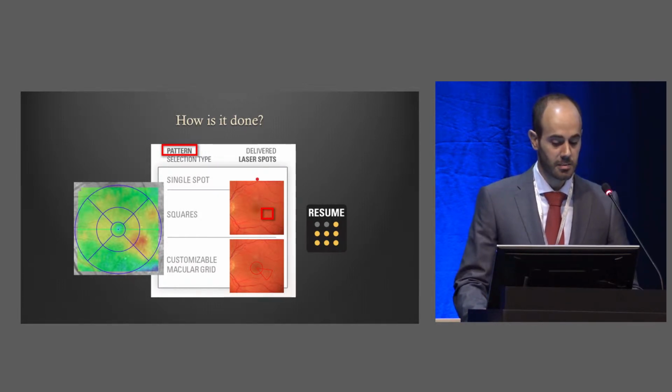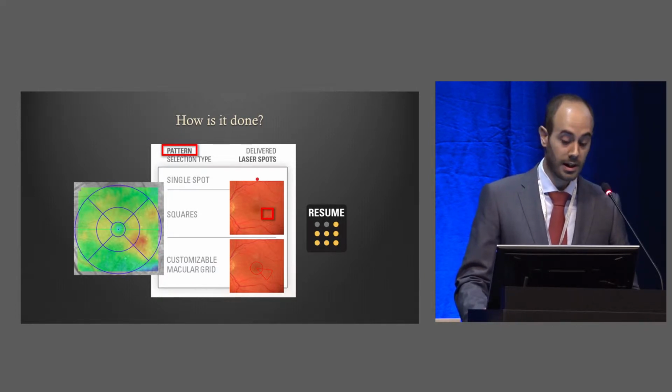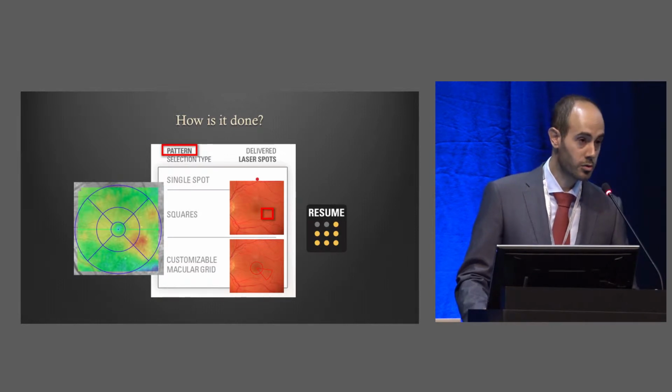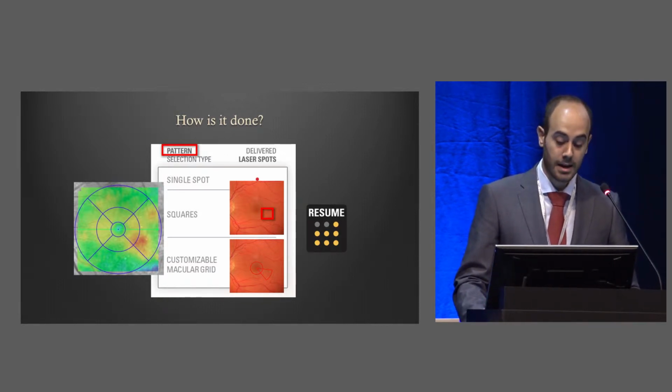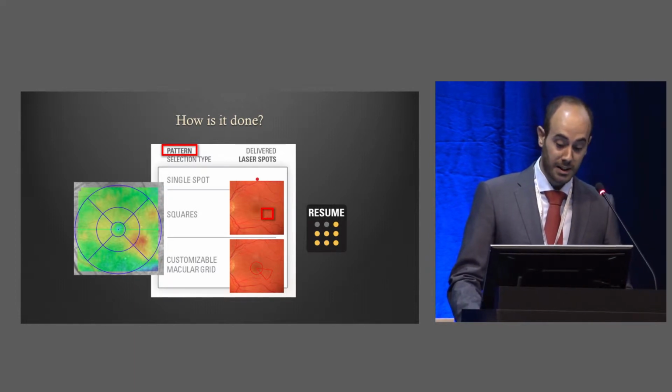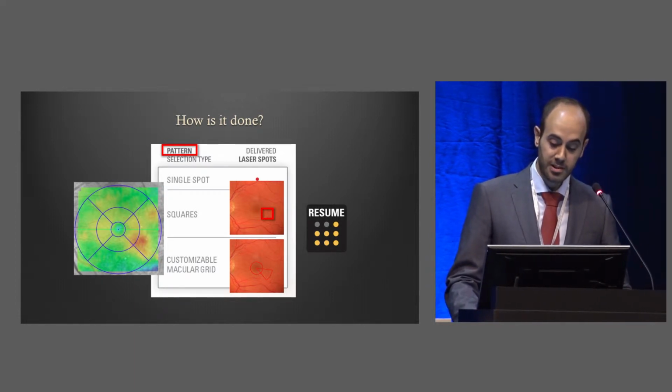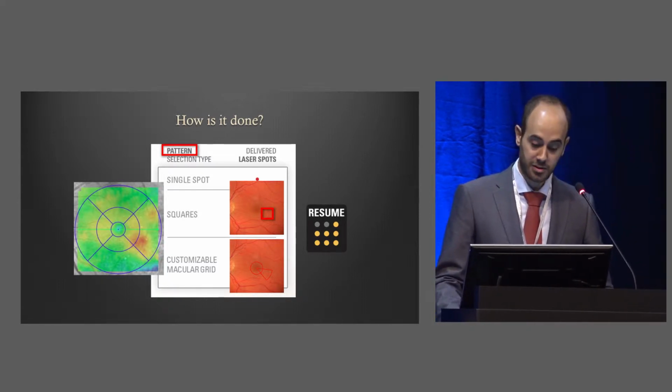Let's see this example, this extrafoveal edema. You want to treat it. The laser provides you with two kinds of patterns, square or macular grid, your choice. You can customize them, make them wider, longer, whatever. It's an aiming laser. You just place it, use a reference like a blood vessel or a microaneurysm, and start treating.